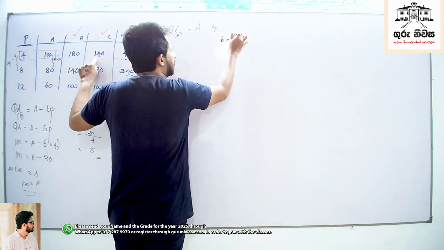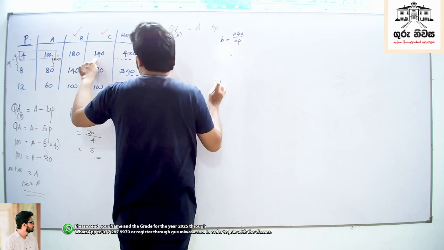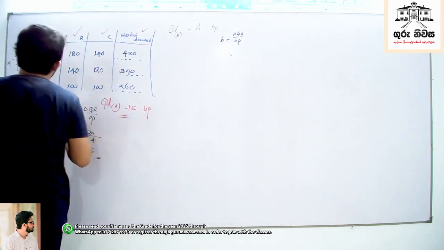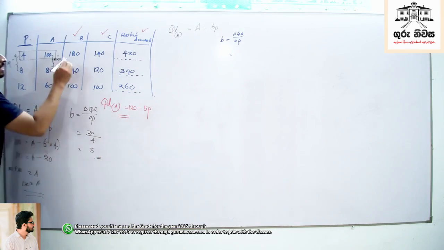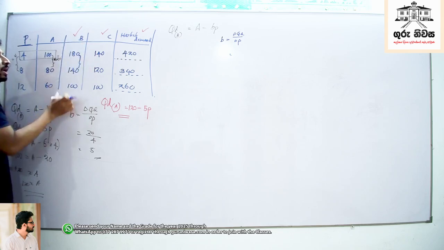B equals delta QD over delta P. Now I'm deriving the demand equation for person B, so you need to take the delta in B's column, B's values.